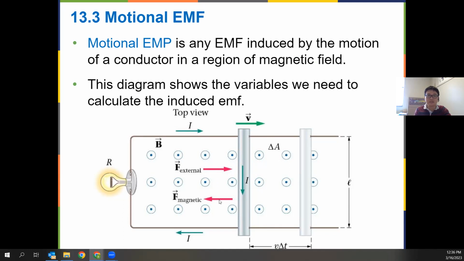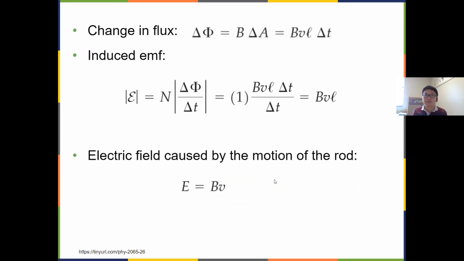So this will be canceling out. Then you'll have constant velocity, okay? So at equilibrium, you'll have these two equal to each other, and then the velocity will be constant.